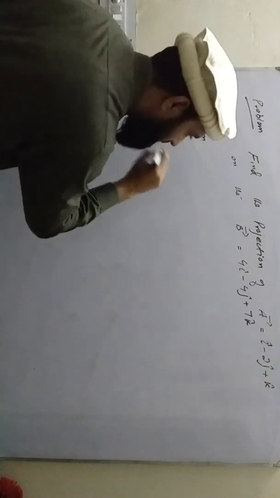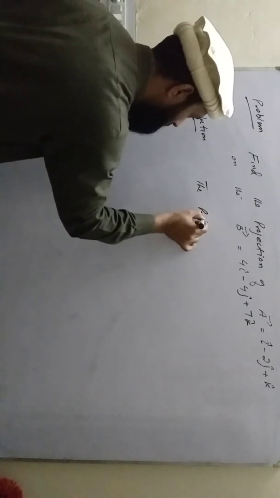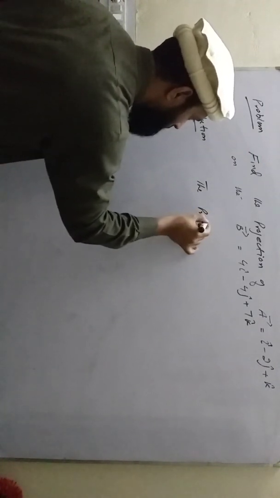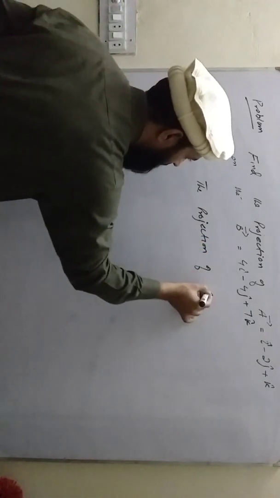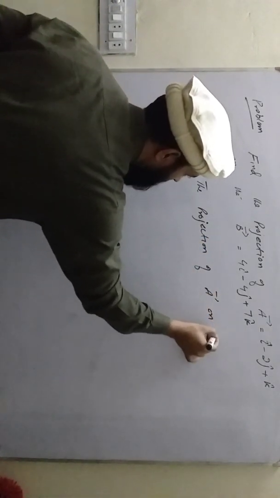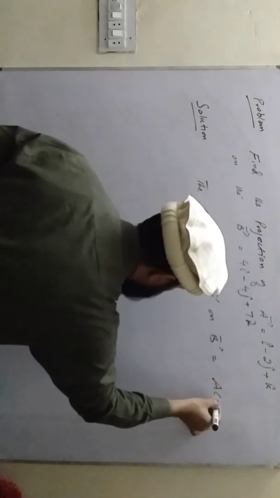The projection of A on B is A cos of theta.